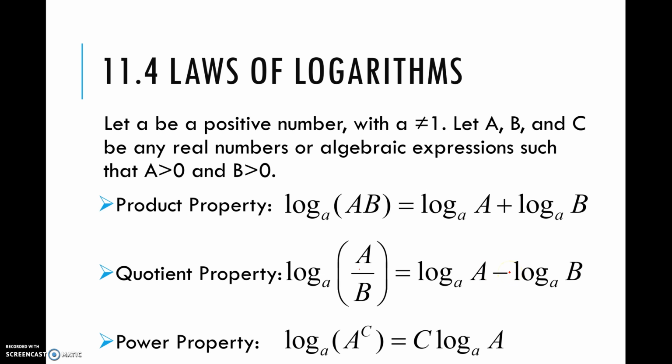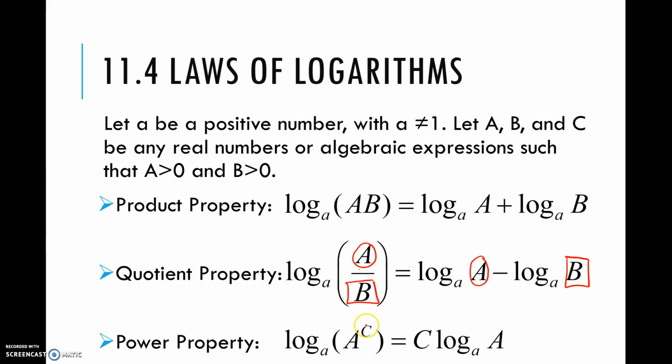What I want you to notice here is that A is inside of a positive log and it's on top. B is inside a negative log and it is on the bottom. So I just want you to remember that for the next couple slides.